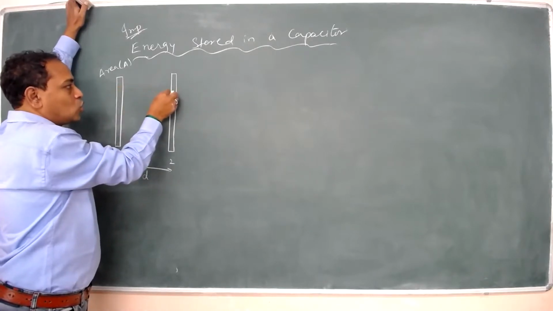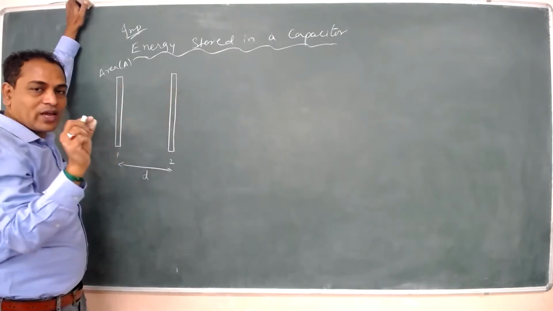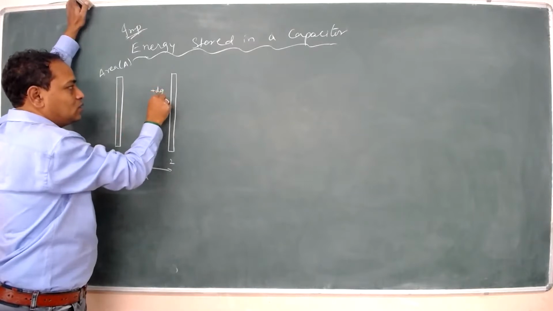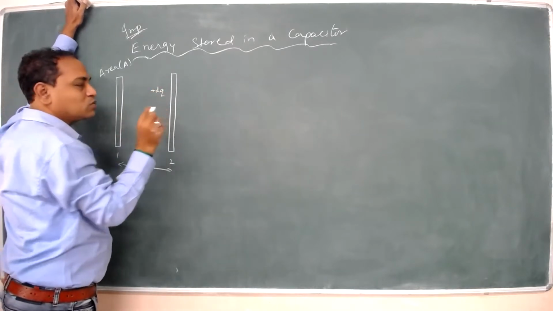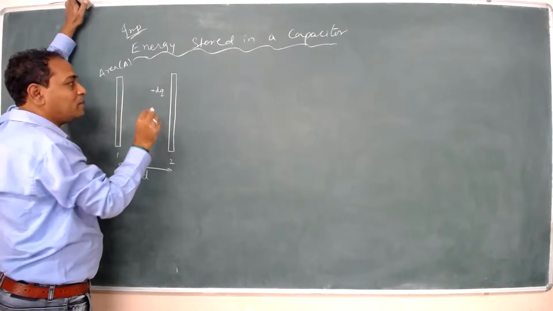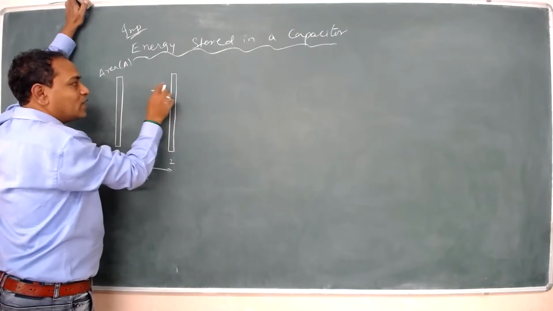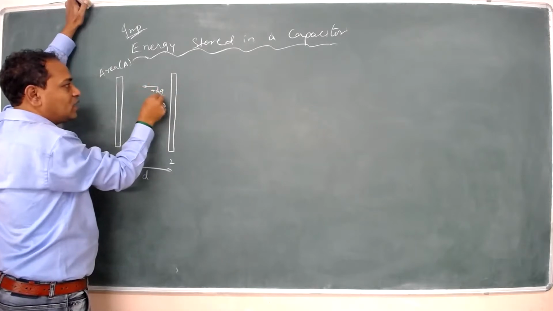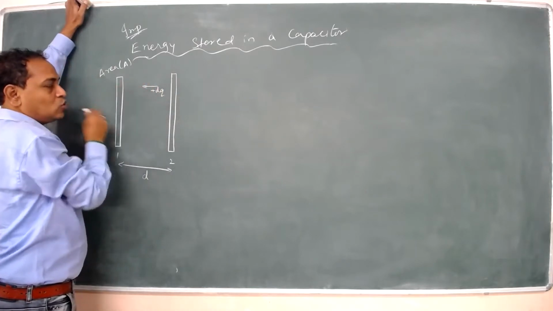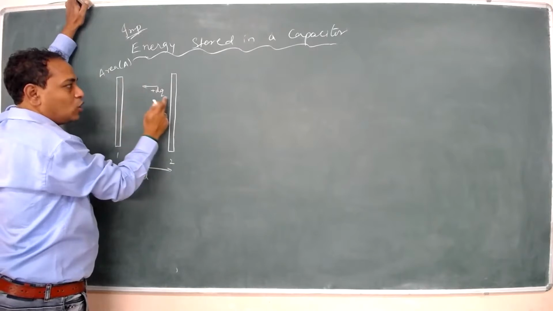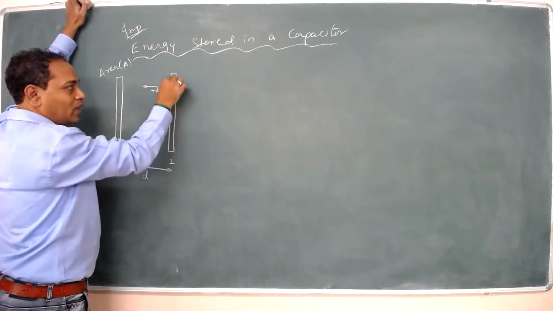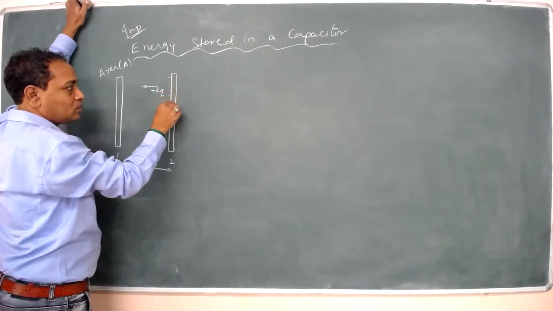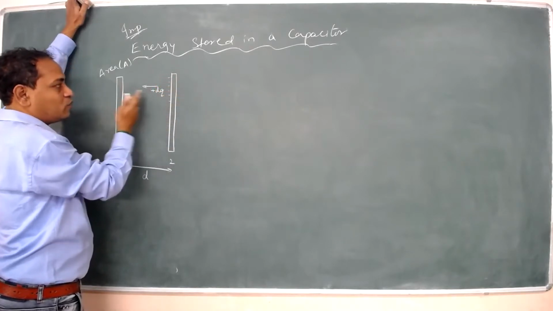When I take a small bit of positive charge, say plus dq is the small amount of charge which I am taking outside from this second plate, I am bringing it here and placing it on the first plate. So if I take all the positive charge from this plate, then this plate will start becoming negative, and this one is gaining positive charge.